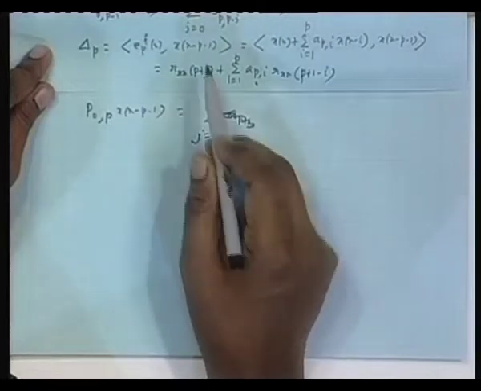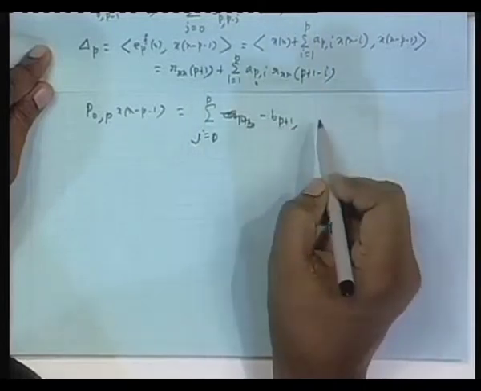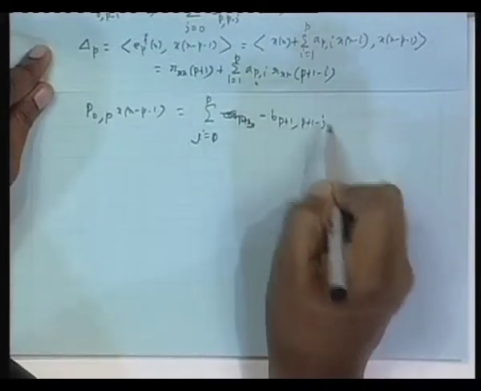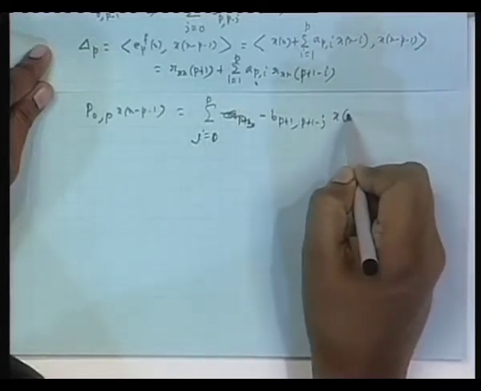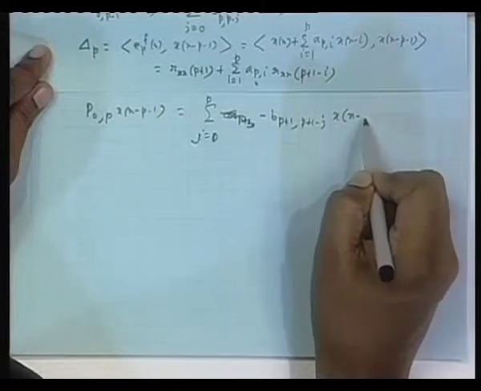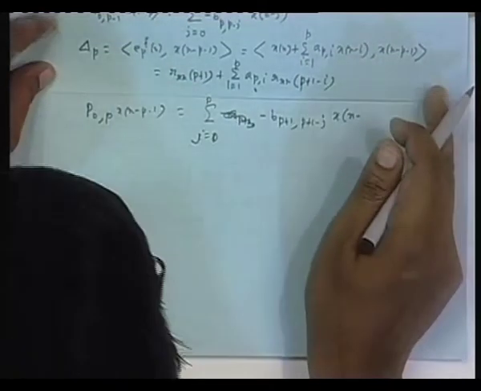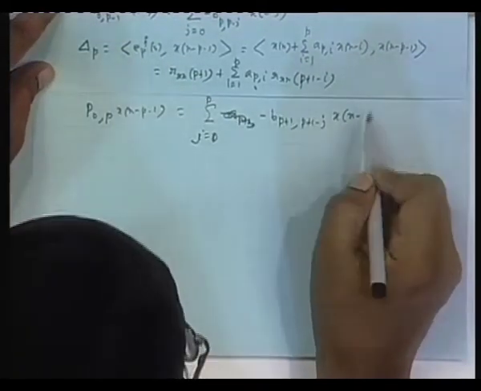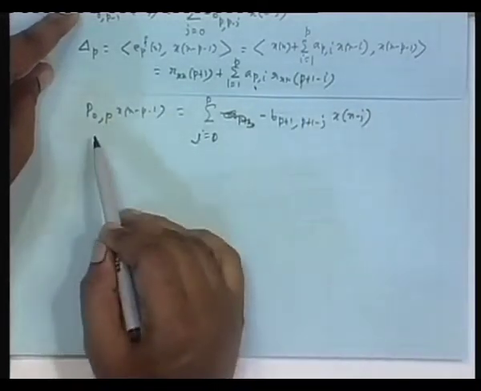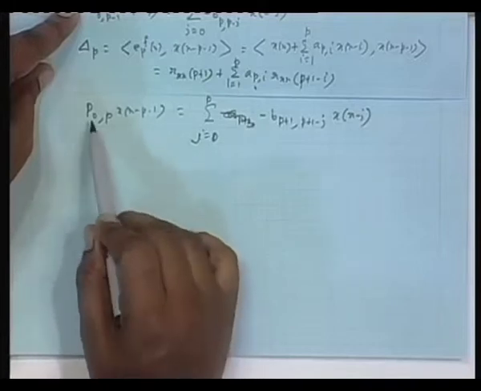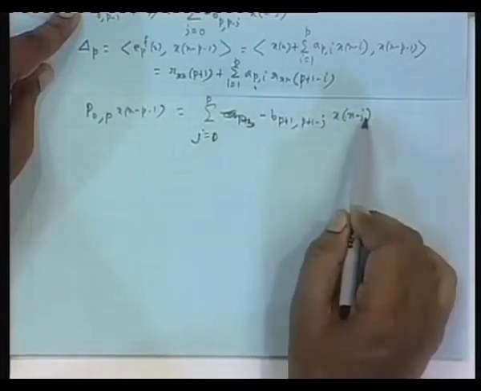So, earlier it was p minus 1, now it is p minus b p plus 1, n minus j. Okay, this is what I will find out. This projection will be written as a linear combination of what terms? X n minus 0, x n minus 1 up to x n minus p, right.